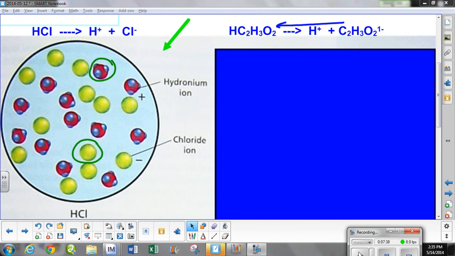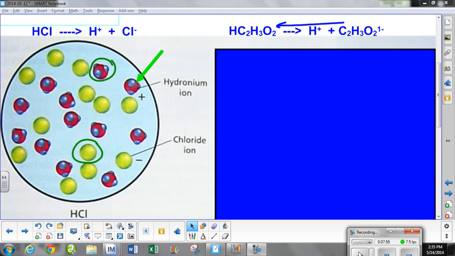They're not going to stick around as hydrogen ions for more than a nanosecond. That's not very long. A nanosecond is 1 over 1 with 9 zeros. That's a billion. 1 out of a billion.